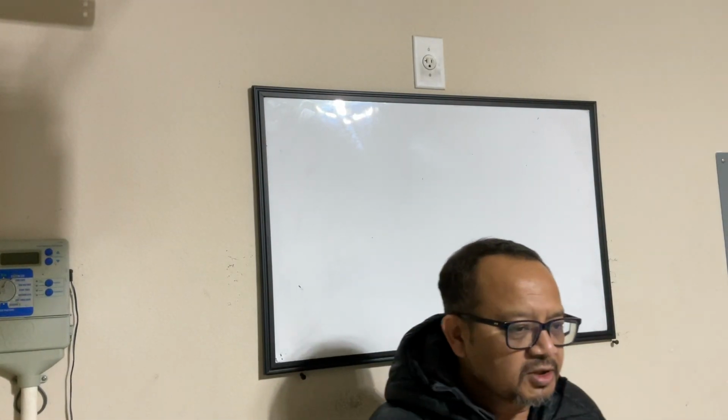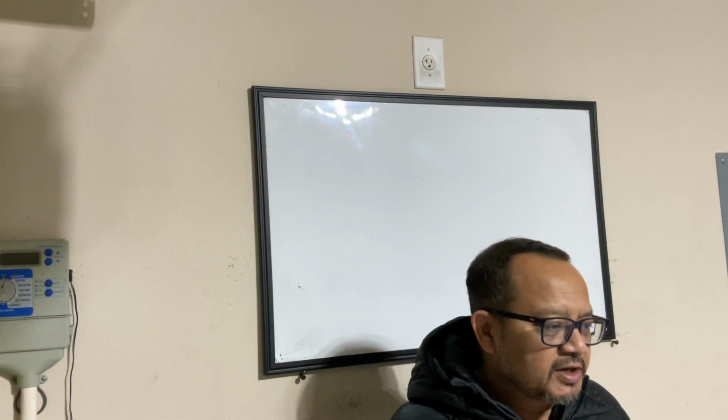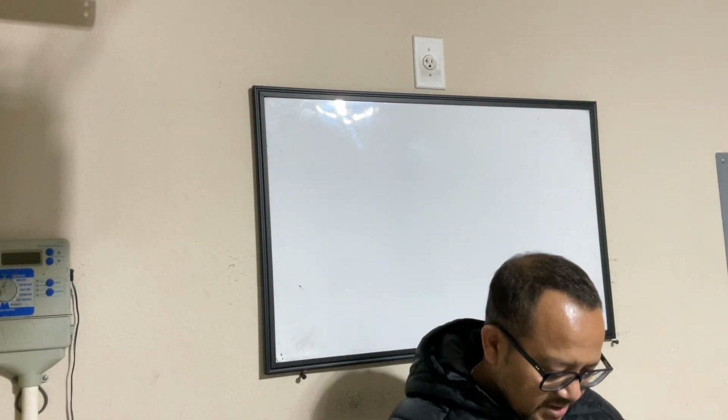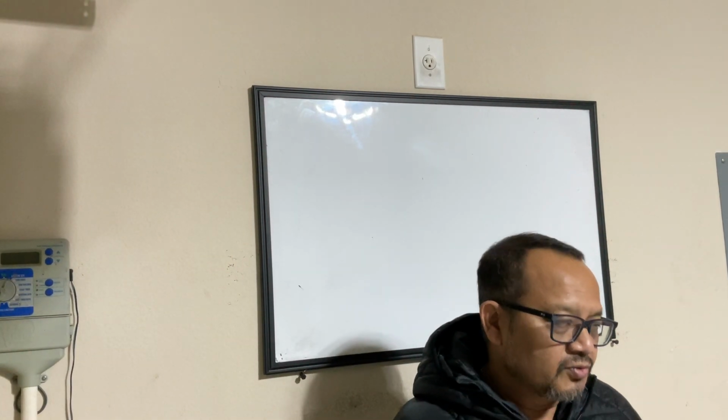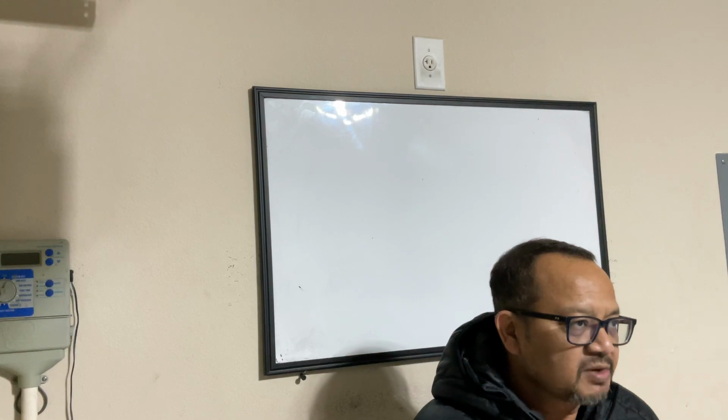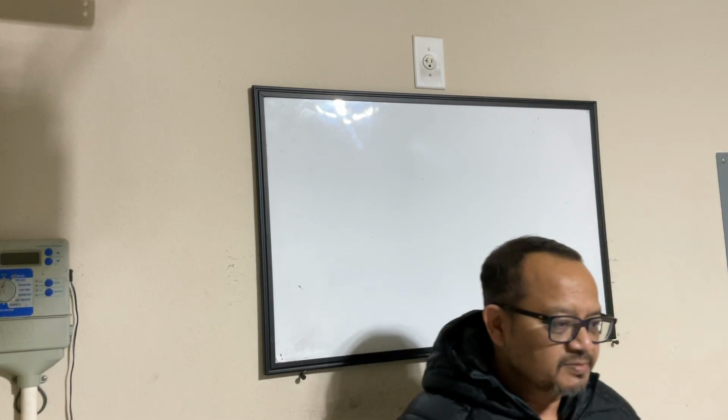So I'm not sure who all got a chance to look at what we are going to cover, but at a high level, we are starting Unit 4, which is the foundation of advanced math.